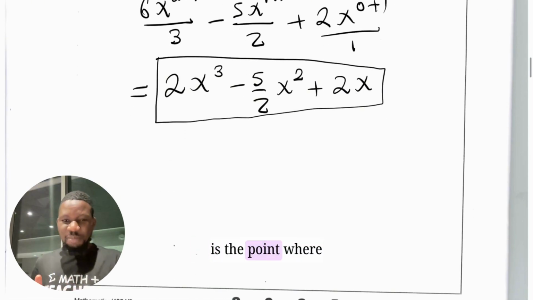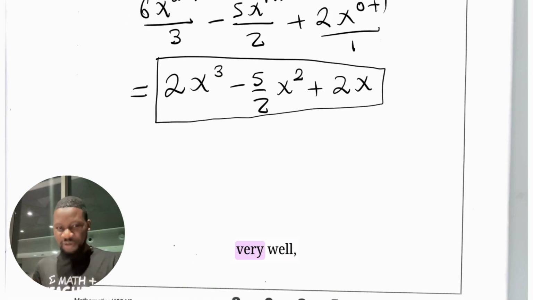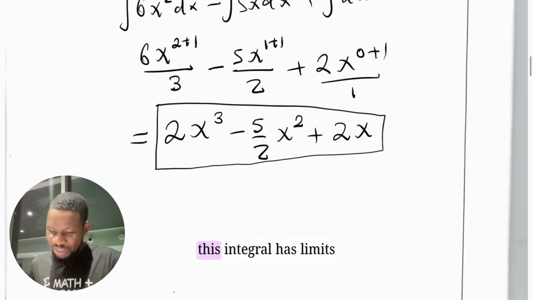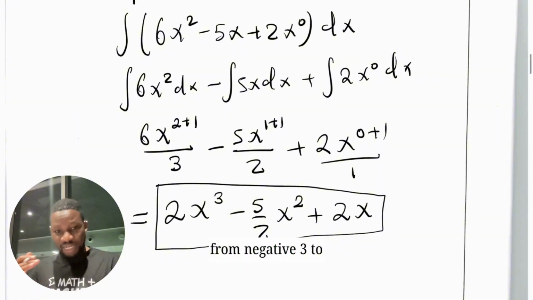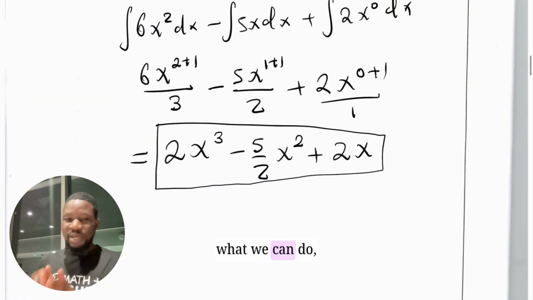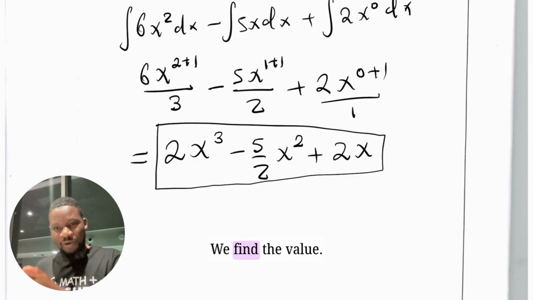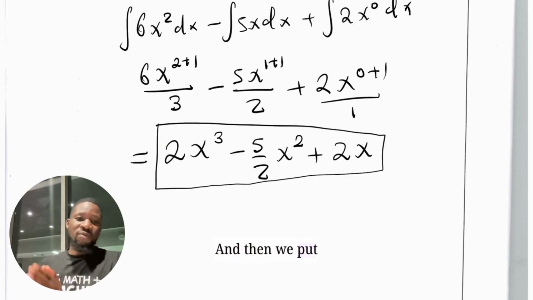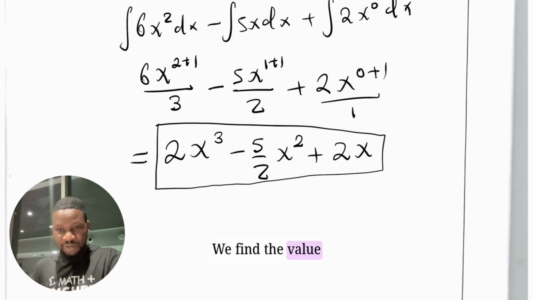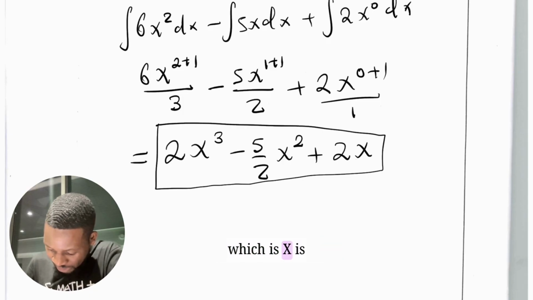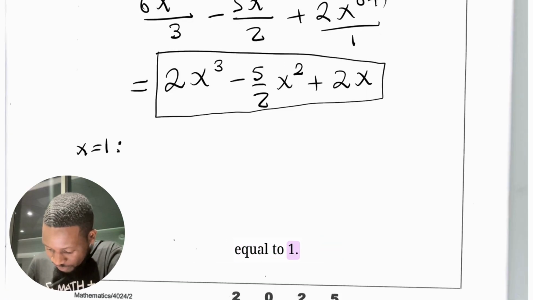Now, this is the point where you need to understand very well, right? Because this integral has limits from -3 to 1. So what we can do, we are going to substitute where there is x, we put 1, we find the value, and then we put -3, we find the value and find the difference. So we start with what is on top, which is x is equal to 1.